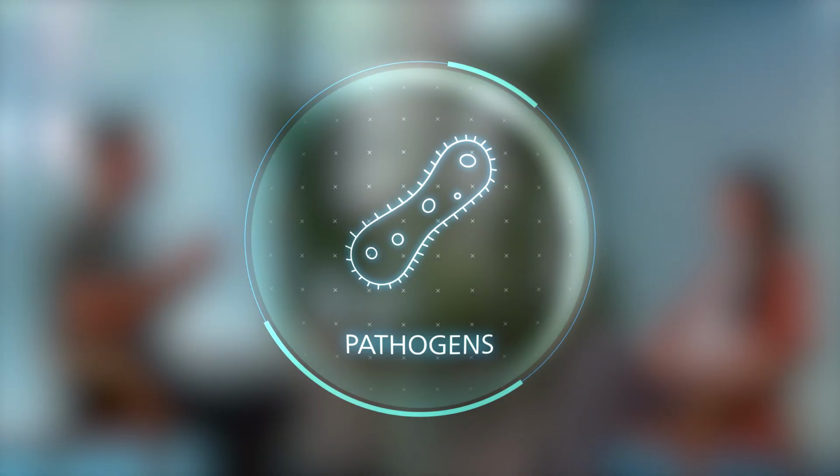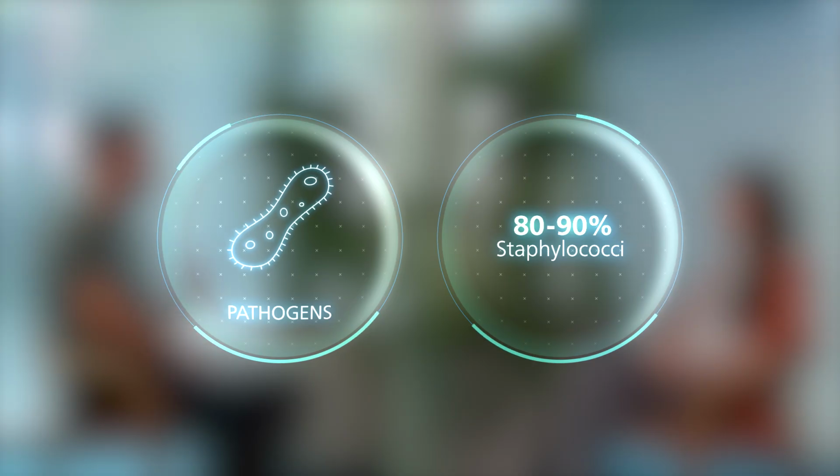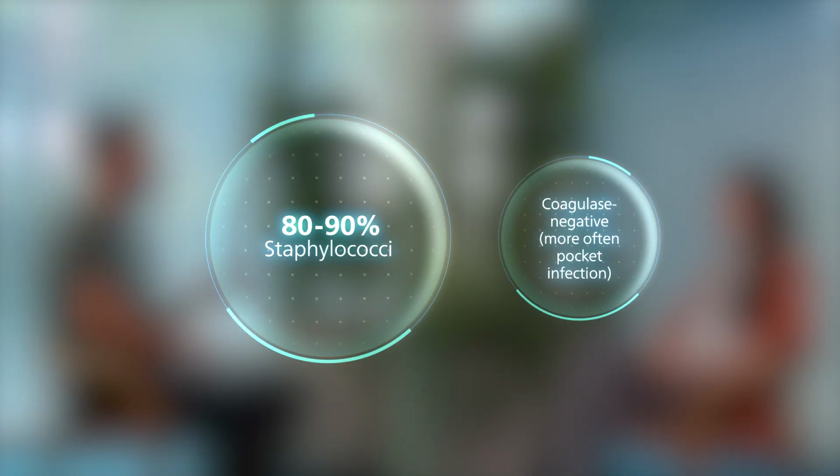What is the recommended empiric therapy, let's say for patient A who has a pocket infection and patient B who has maybe a systemic infection? Good question. First you have to think of which pathogens are in the majority responsible for the CIED infection. It's like 80 to 90% of the pathogens that are staphylococci. You have the coagulase-negative staphylococci, which are more often found in pocket infections.